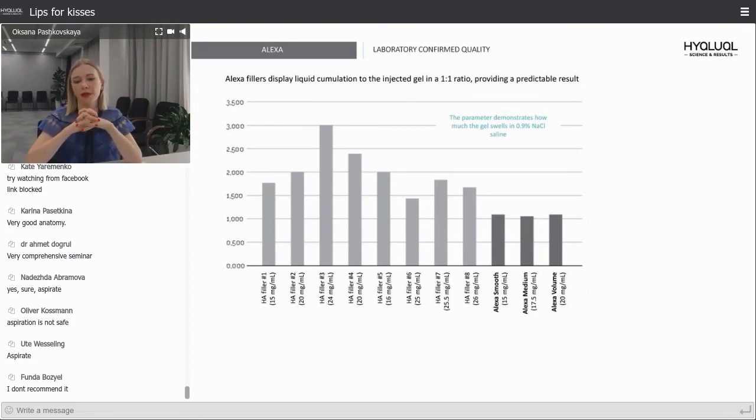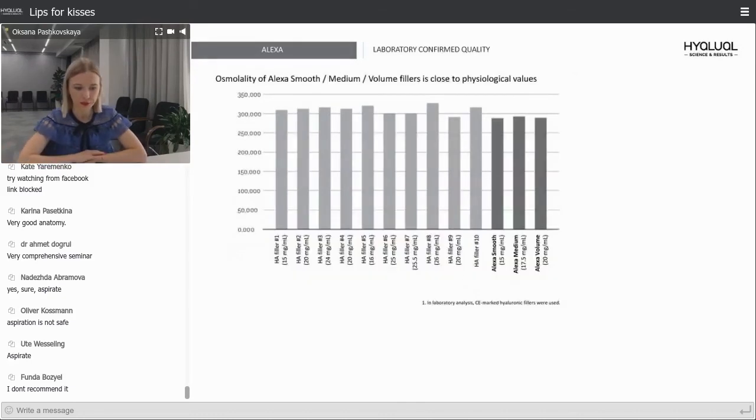So I think it's better really especially for, you know, women who have a social position. They of course want to be sure that their lips never become larger than they have. So it's very important to achieve such result.